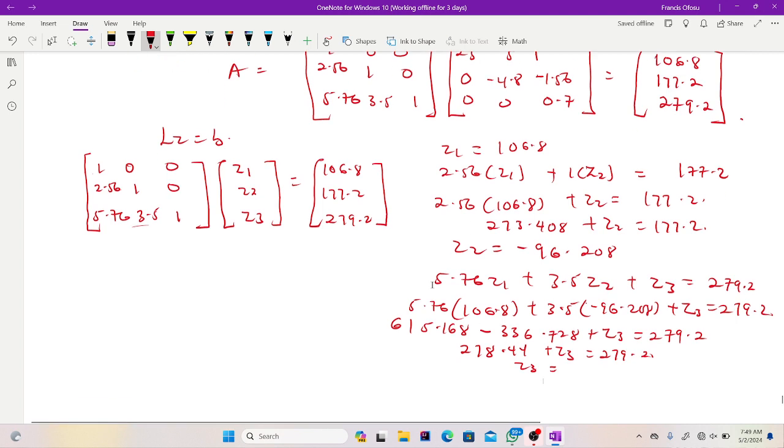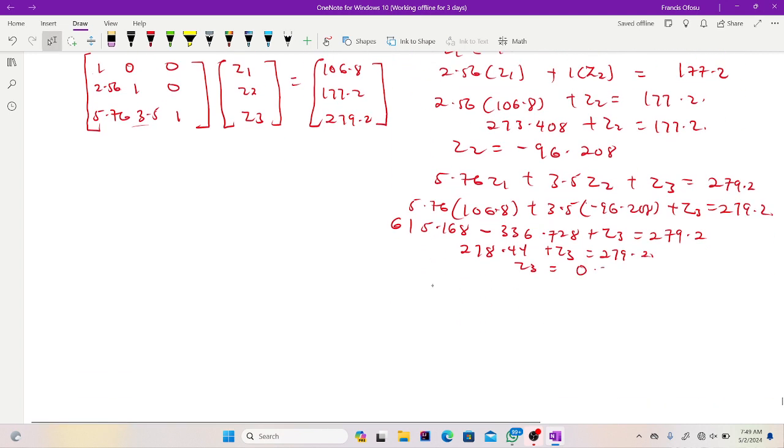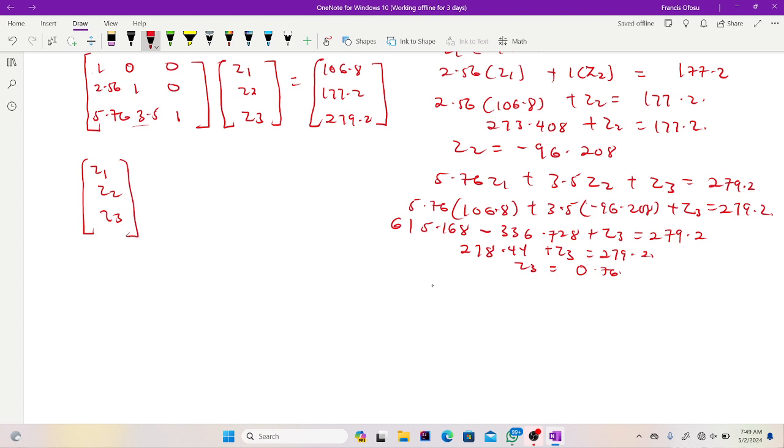And that is 0.76. So when I get this done, I simply write my Z1, Z2, Z3 is equal to 106.8. My Z2 is equal to negative 96.208. Then my Z3 is equal to 0.76, right?